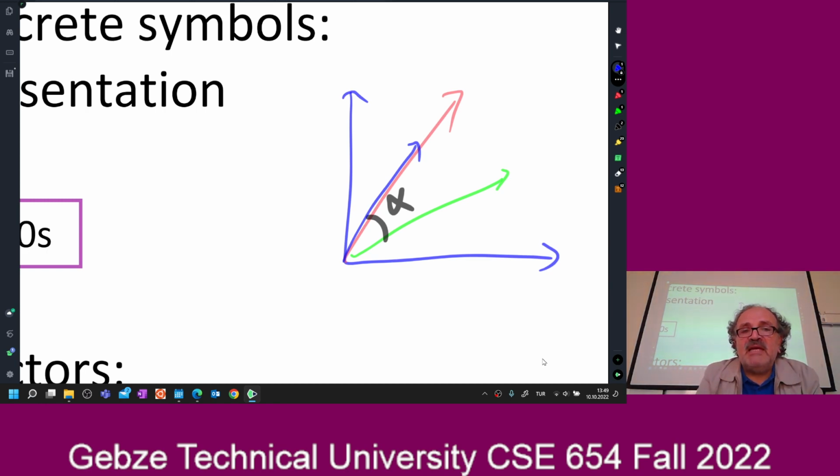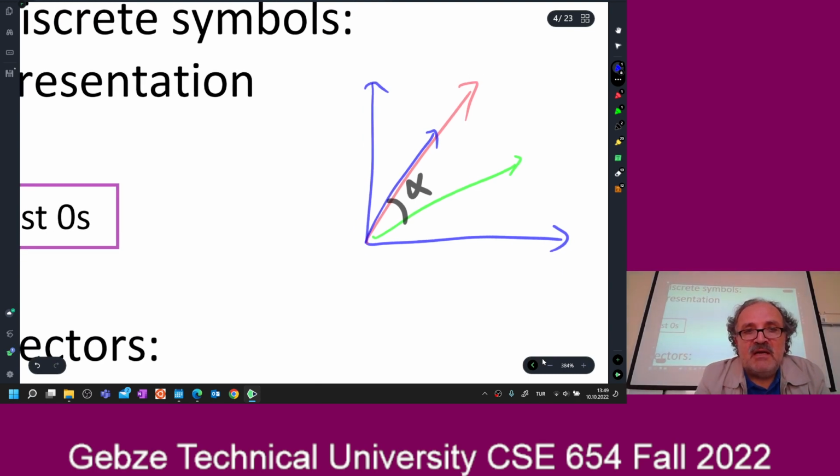We like this angle measurement because mathematically we have a very compact representation for it. You know the dot product between two vectors. I have this vector A, B, C. Let me write it in the vector form.